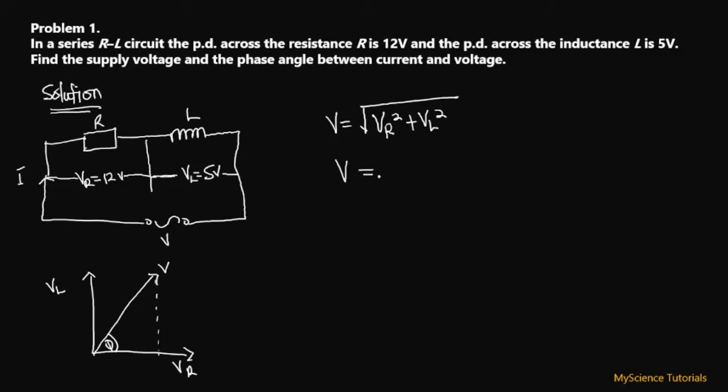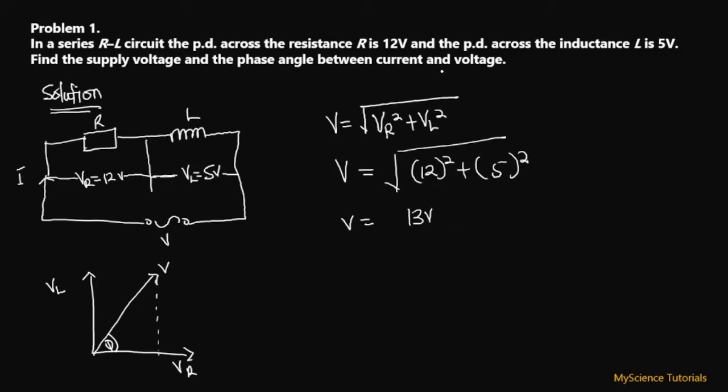So V is equal to the root of 12 squared plus 5 squared, since VR is 12 volts and VL is 5. If we compute this in our calculator, we are going to get 13 volts as the answer for our supply voltage.